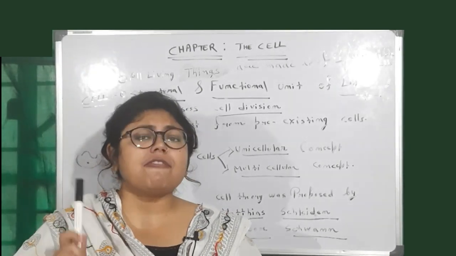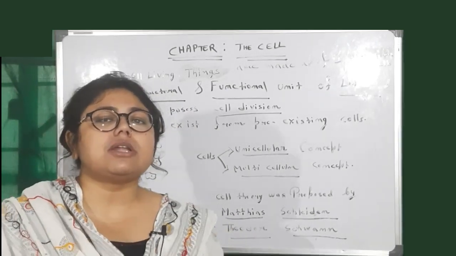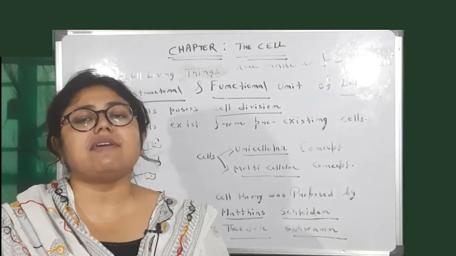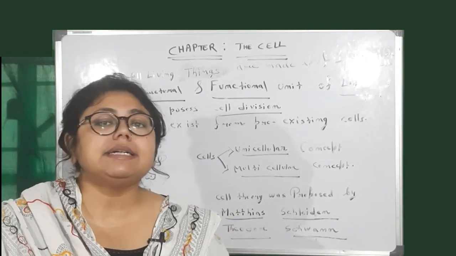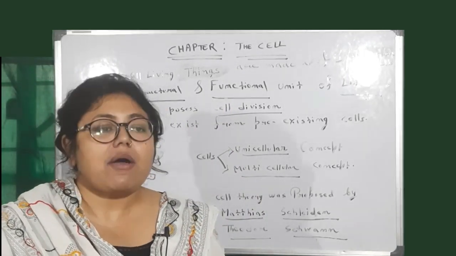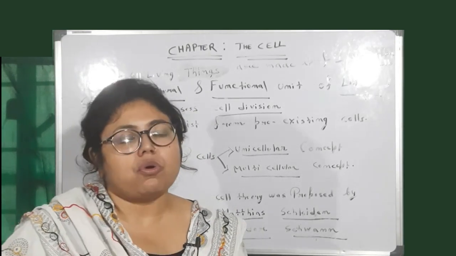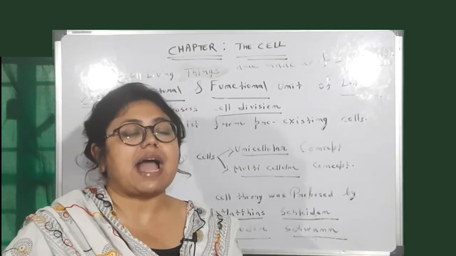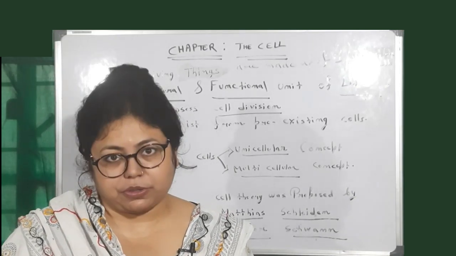Okay, the first chapter which is creating a lot of problems, which is a very vital chapter, and you can take this as the fundamental of biology, is the chapter of the cell. Those who are studying biology know that this chapter is the basic format of all the other chapters.